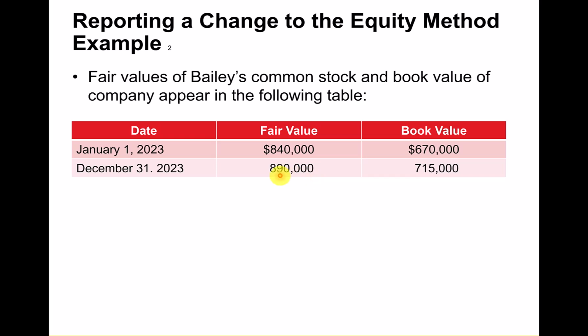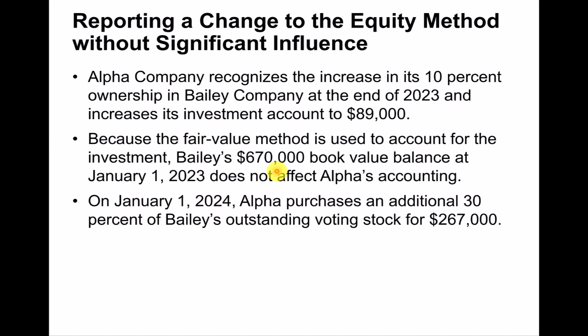In the case of our investor, their investment went up by $5,000 more, again, 10% of this amount. So we need to make an adjustment showing that amount as income from equity investment. Again, we need to adjust up to this $89,000 by the end of the year.